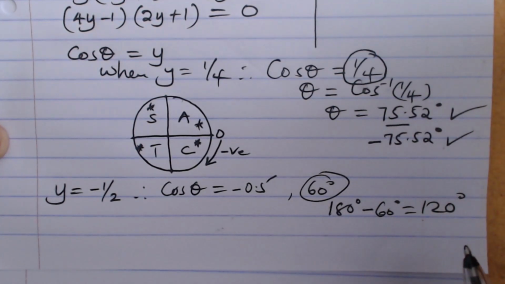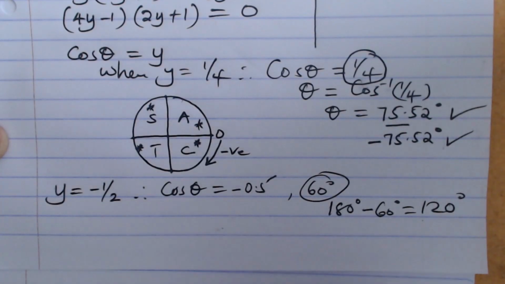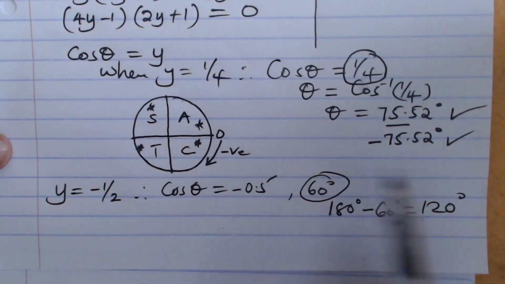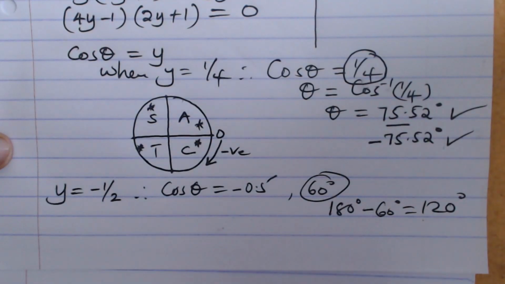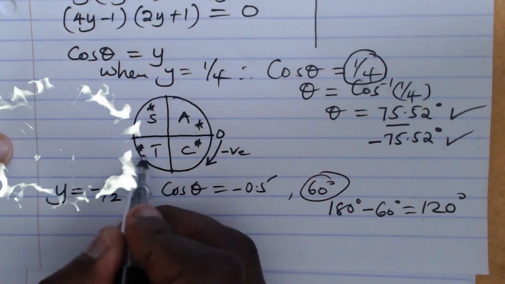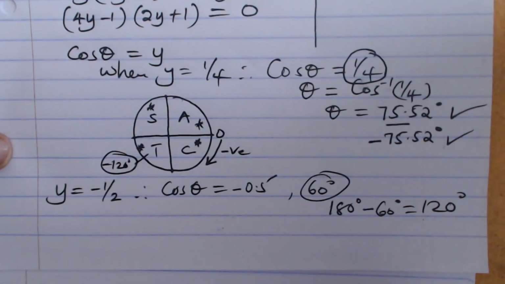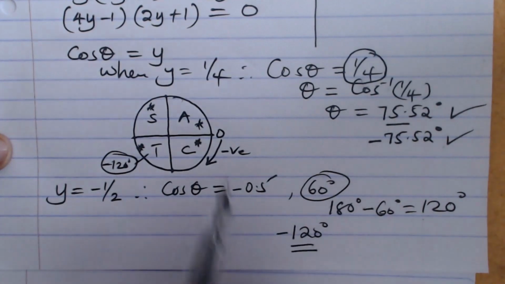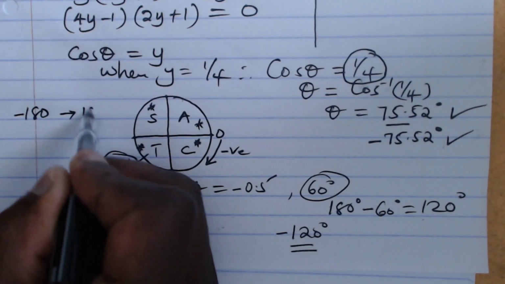Looking at the negative side, we can still get a solution there. From here we can go to negative 120. Negative 120 will be in the third quadrant, and it still gives us a solution, because our range is from negative 180 to 180.